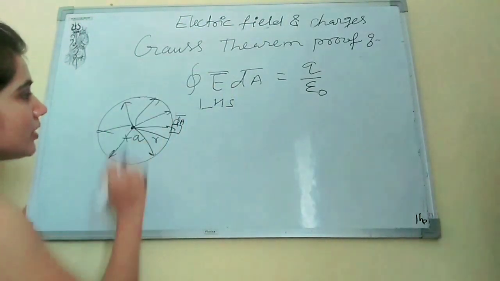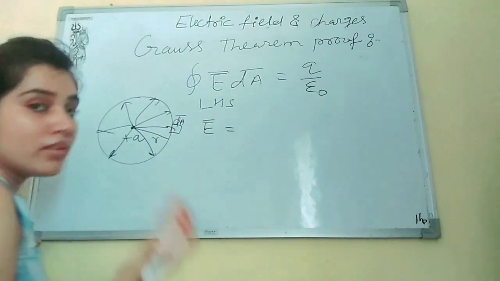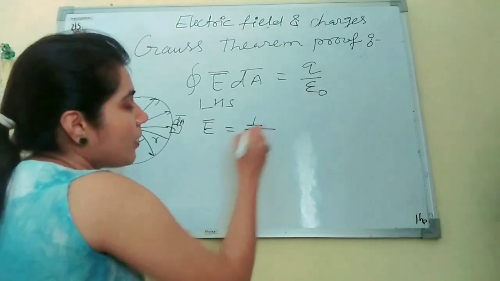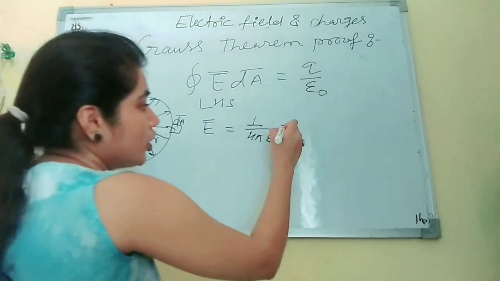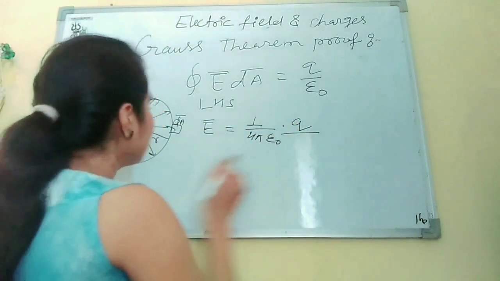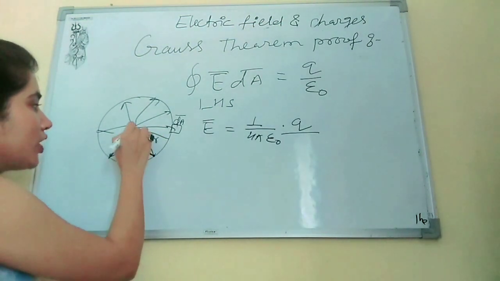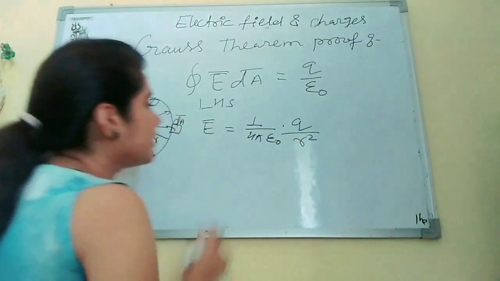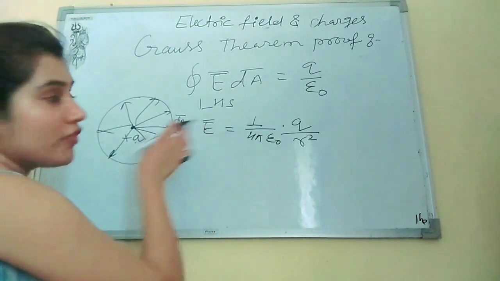Now in this we simply put the value of E. We know the expression of the electric field is 1 upon 4 pi epsilon naught times Q, because of this Q charge, upon R square, since the distance from this point to this point is R. That is the expression of the electric field.